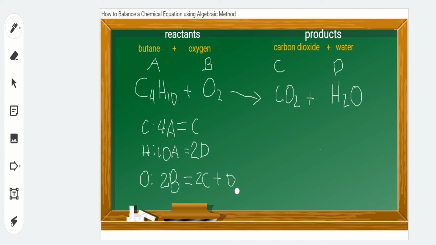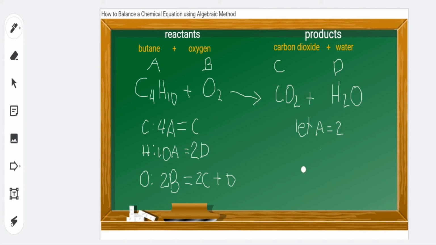So, again, we will assume, we start with one letter. Let A be equal to, obviously here we cannot make the initial value of A equal to 1, because when you look at our C, it is definitely more than 1, since 4A is equal to C. So, we can start here and assume that A is equal to 2.